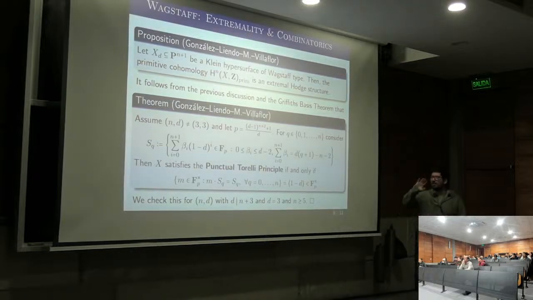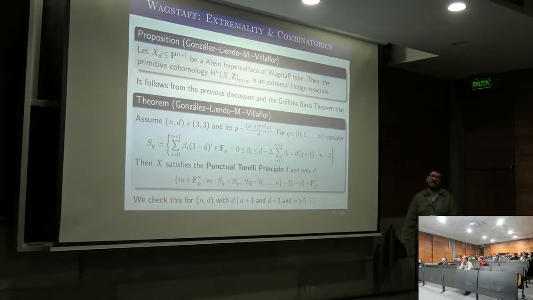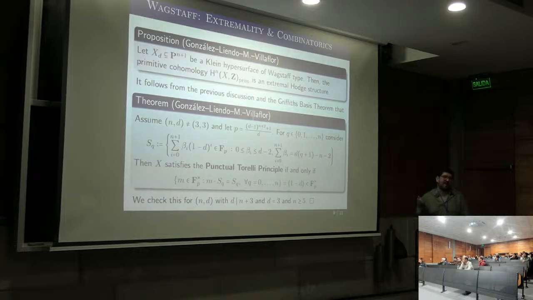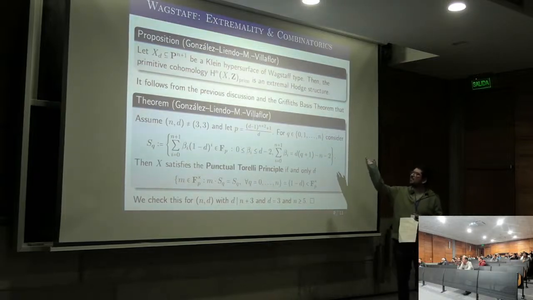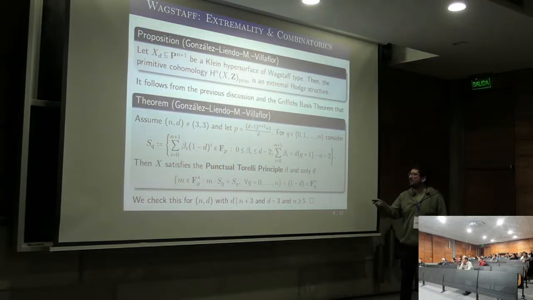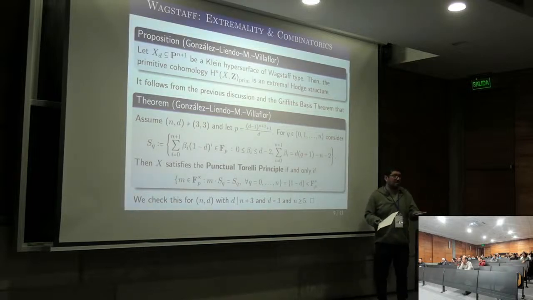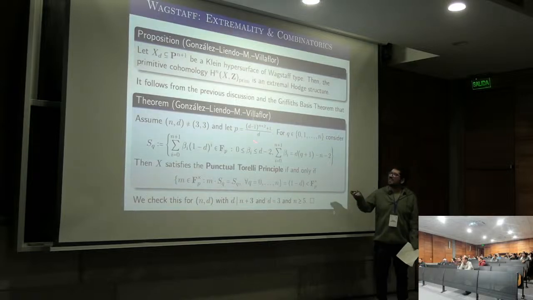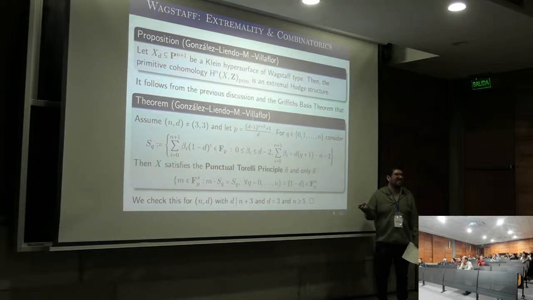And by the way, we think that we should be able to prove these kinds of theorems in other contexts where you have some variants of Griffiths' basis theorem, like hypersurfaces in Grassmannians and so on. Anyway, if you compute using this basis, the punctual Torelli principle, which says that the automorphism group is the naive one, reduces to this elementary number theory statement.